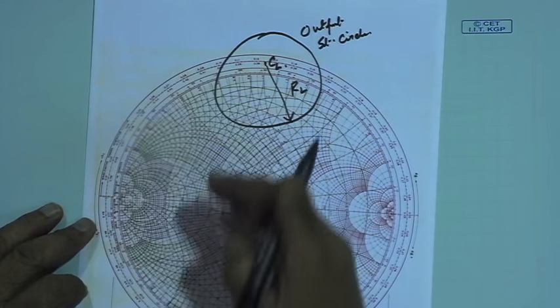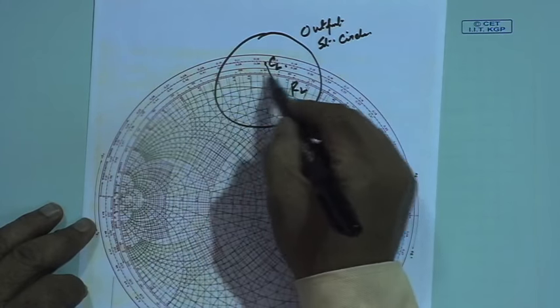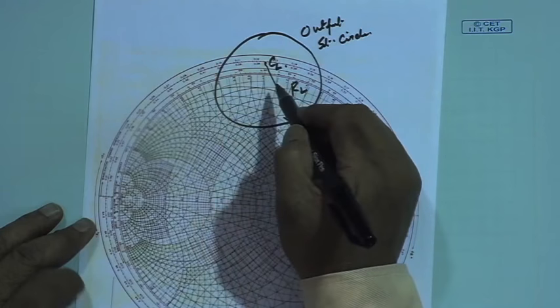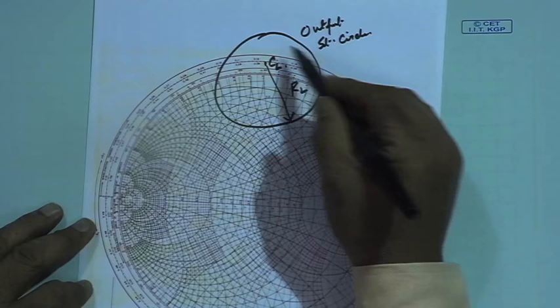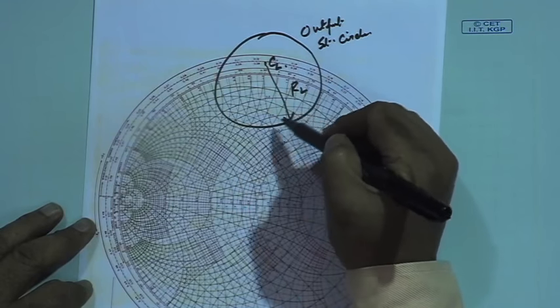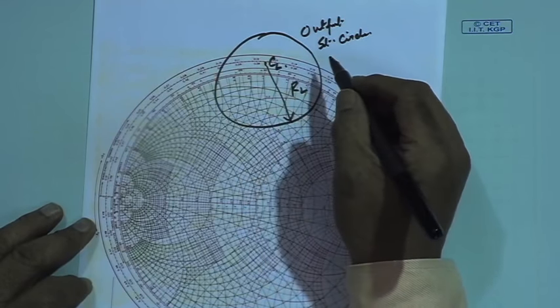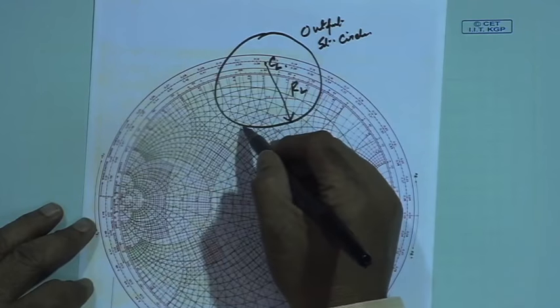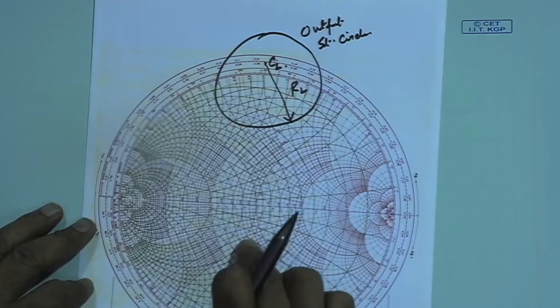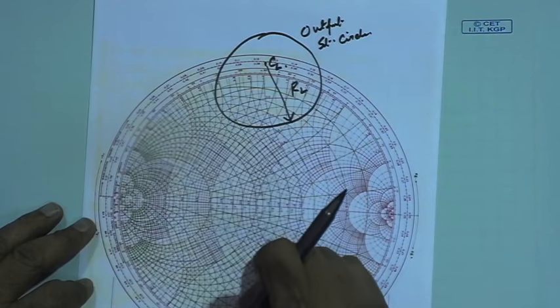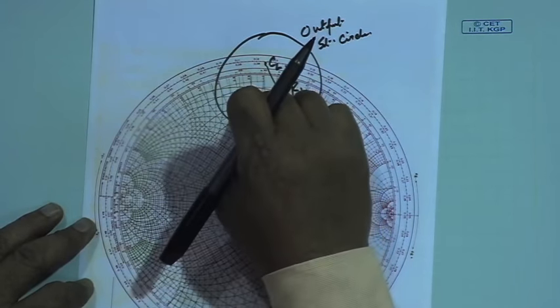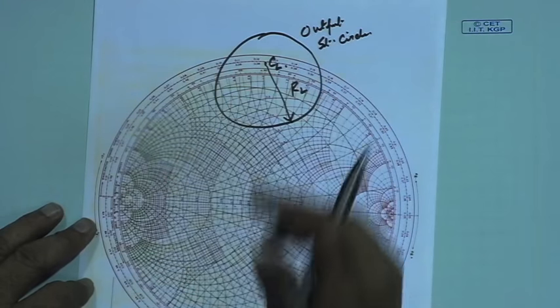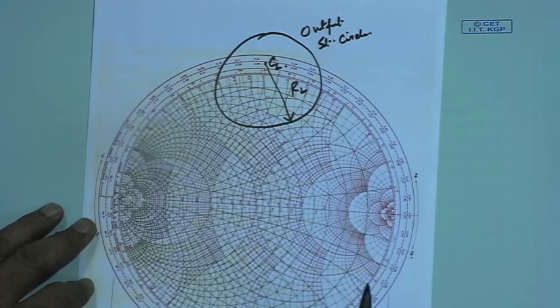One region is this portion and another region is the one inside this circle. Since this output stability circle is the locus of the points where the magnitude of gamma in is equal to 1, one of these regions will be unconditionally or conditionally stable and the other region is unstable. Now, I will have to determine which region is stable and which region is unstable.